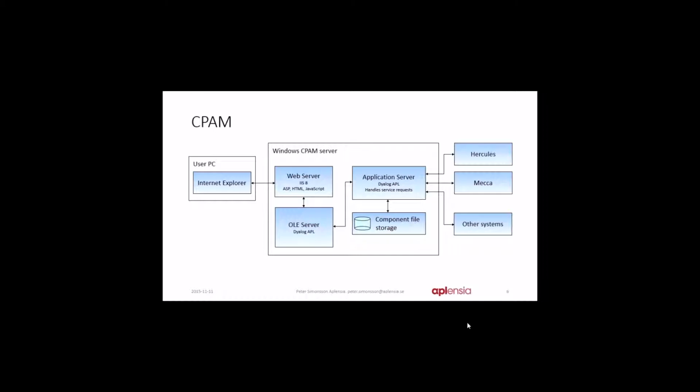It looks somewhat like this. The end user is using the browser. Internet Explorer is basically the only browser within Volvo Cars. And the middle box here is the entire CPAM application running on one Windows server, but it basically consists of two parts: the left part, which is the web application, and the right part being the application server core application.